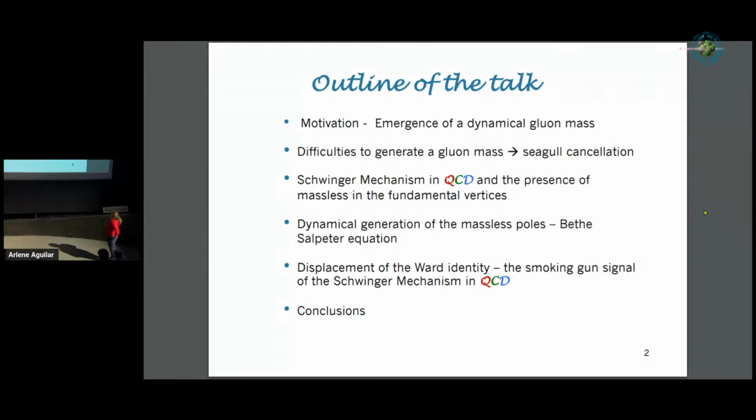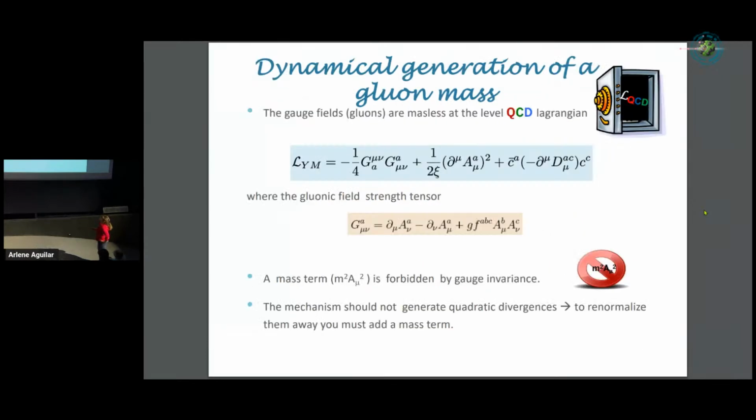Then I'm going to discuss how you can dynamically generate this massless pole through a Bethe-Salpeter equation, and how you can check the existence of these poles, or the action of the Schwinger mechanism, through lattice simulations. And then I draw my conclusions.